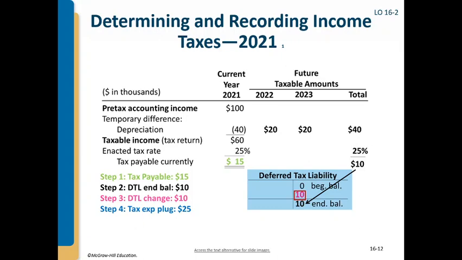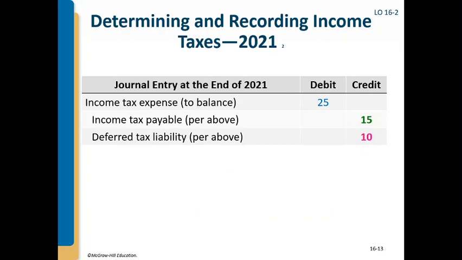So that's also a credit. And your offsetting debit is going to be to tax expense. It's simply going to be the sum of your current tax payable plus the amount of the deferred tax liability, in this case, which is all a credit. Sometimes deferred tax liability can be a debit, as you will see. So here's your entry in year 1.